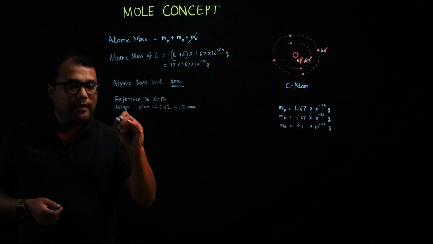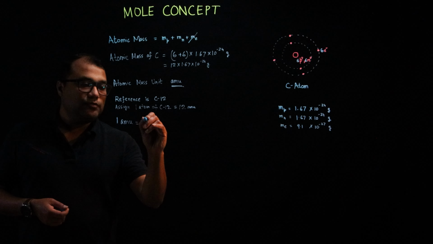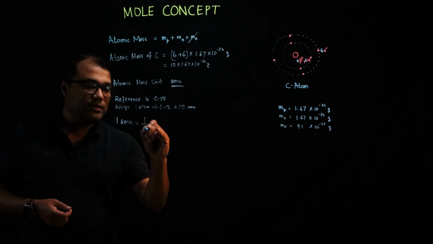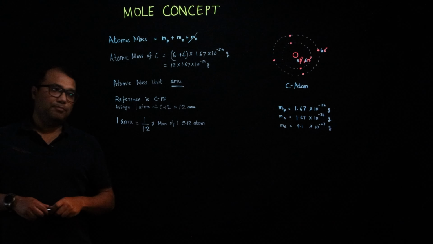So what is 1 AMU? 1 AMU is 1/12 the mass of one carbon 12 atom. That is the formal definition of AMU.